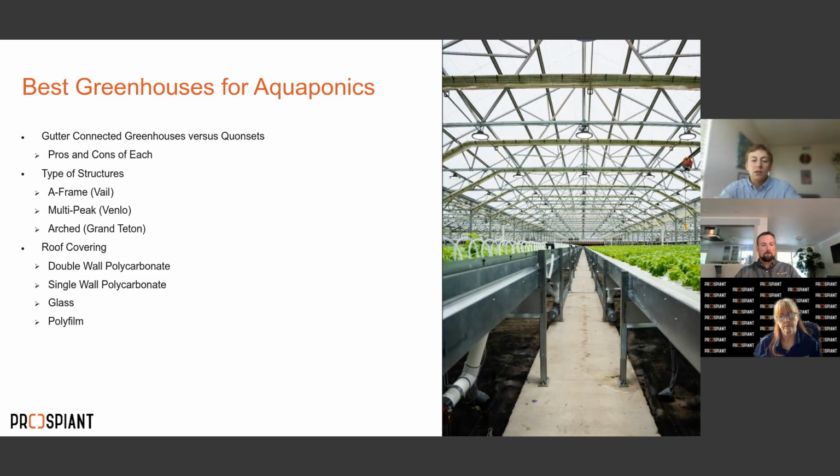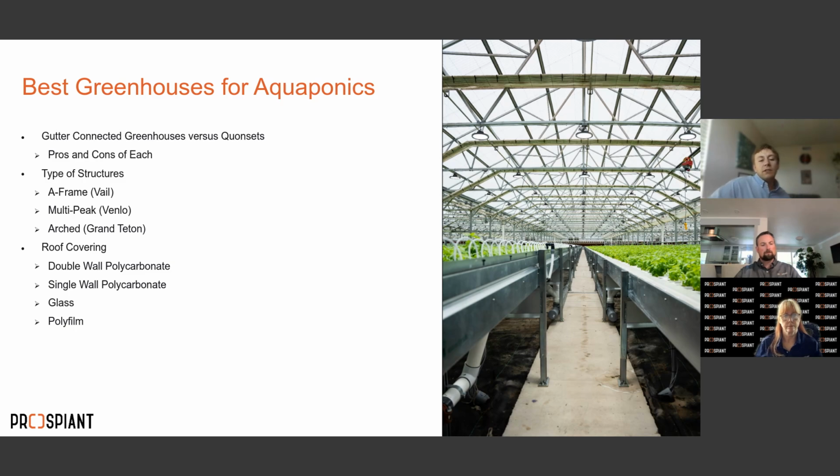It's going to be a pretty low capital expenditure up front, so you're able to get your feet wet with the whole aquaponic side of things, whereas a gutter connect is going to be much more for a business operation where you're trying to actually run a business out of it and have that larger scale.